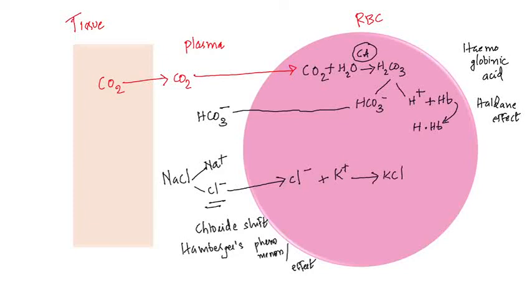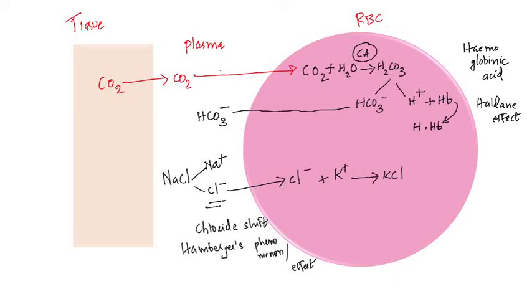That is how chloride is going to exist inside the RBC, by combining with potassium and forming potassium chloride. So the chloride ion is being taken care of.